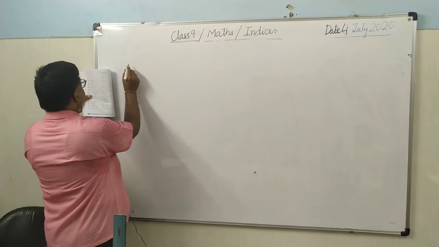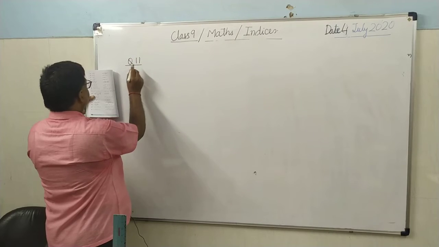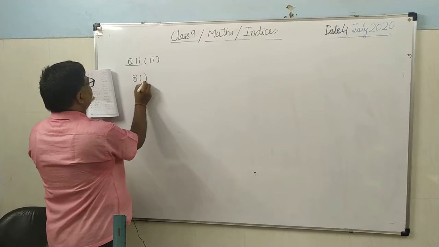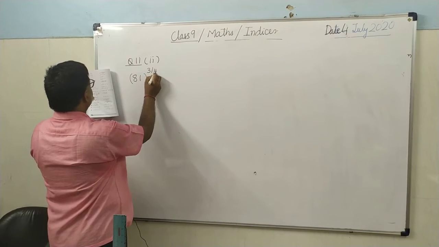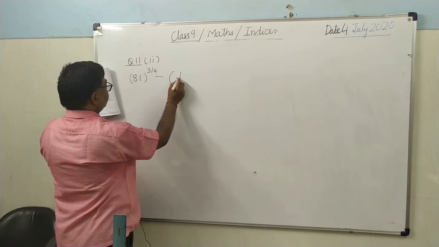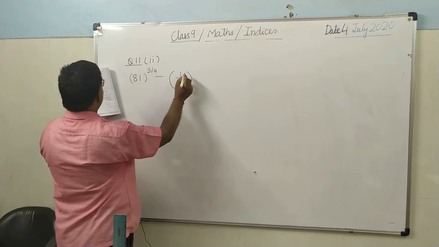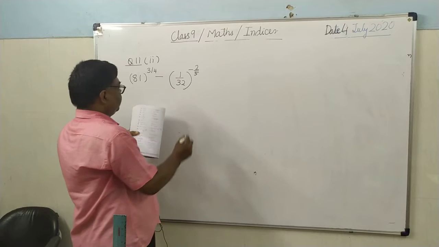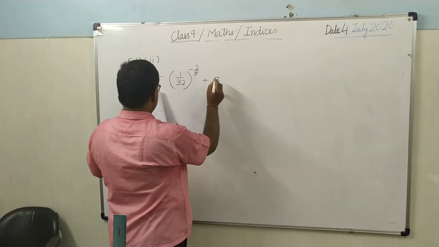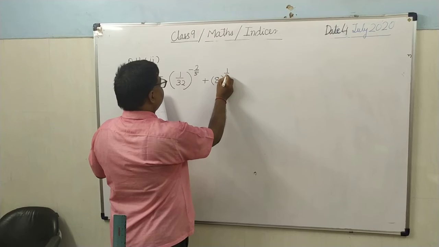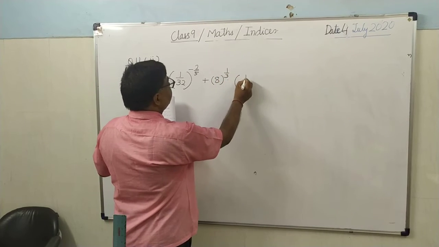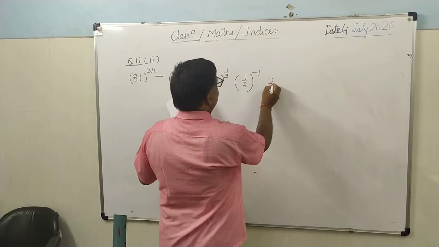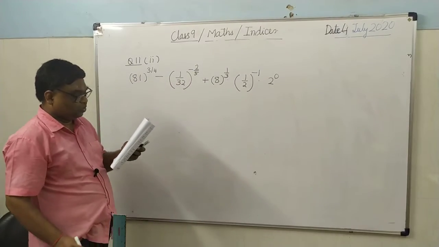Question number 11, second part. (81 whole to the power 3 by 4 minus 1 by 32 whole to the power minus 2 by 5 plus 8 whole to the power 1 by 3 into 1 by 2 whole to the power minus 1 into 2 to the power 0.